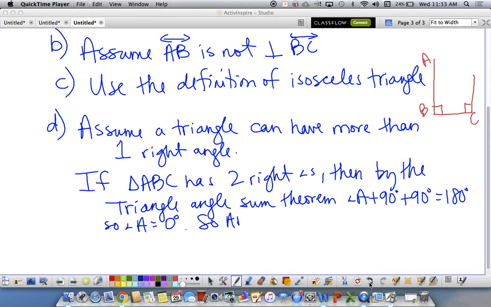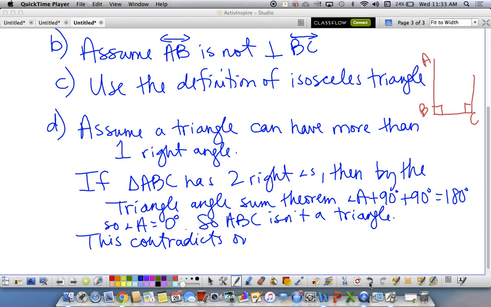So ABC isn't a triangle. It can't be a triangle. This contradicts our assumption.